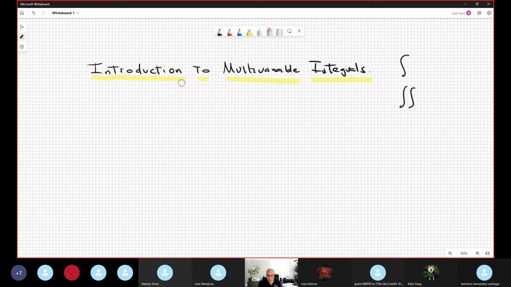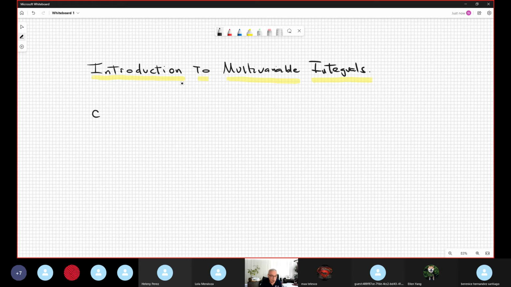So I need to dedicate my time to explain the meaning. You need to understand the thing you will compute. Your question, Maximilian, is important because you need to understand what you're doing. What is the meaning of this double integral? What is the meaning of the triple integral? And of course, the algorithm to compute these multiple integrals.